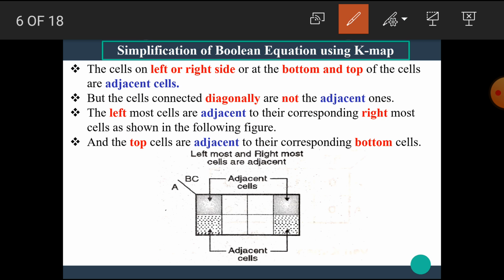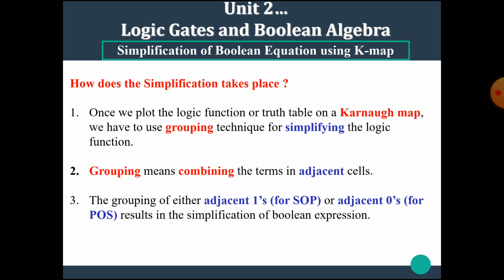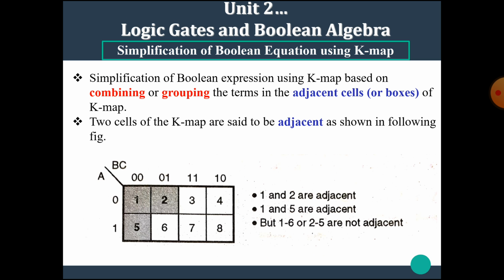That means in this diagram we can see that this is the leftmost and this is the rightmost, and these two cells are adjacent with each other. Similarly, these two cells are adjacent with each other. Okay, I hope you all understand.